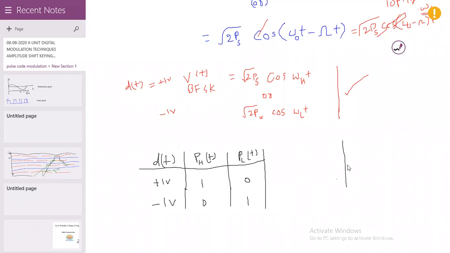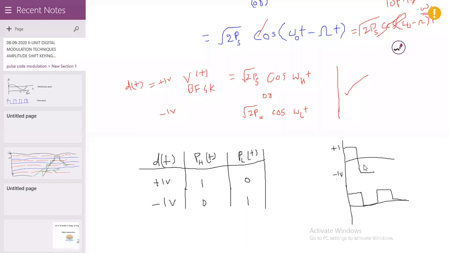Bipolar indicates that the voltage waveform changes between plus 1 volt and minus 1 volt. Unipolar indicates that the signal is only 1 or 0. This is a unipolar. Now we converted the data signal into unipolar.